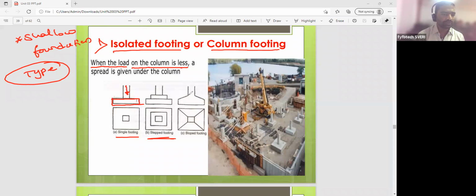In the third one, after the edge of this step there is an inclined slope like this, that's why it is called sloped footing. Single footing, stepped footing and sloped footing come under the isolated footing.